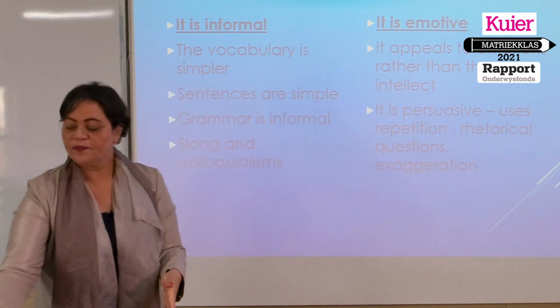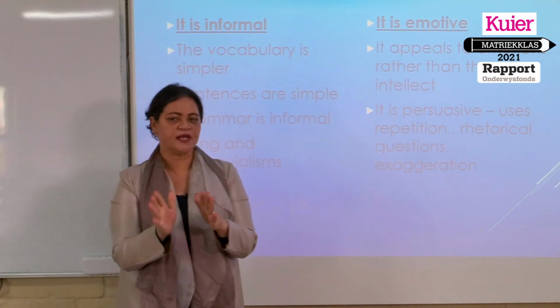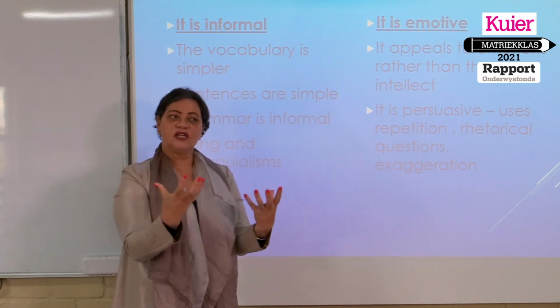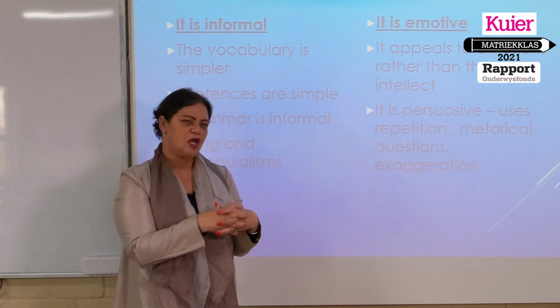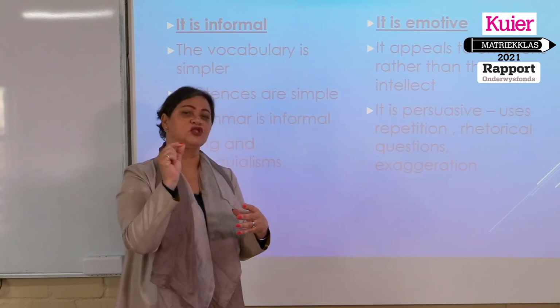Right. Also, I said it's emotive. So it appeals to emotions rather than the intellect. Okay? What does that mean? They don't want you to think too much. They're not saying, you will now have an IQ of 160. No, that's not what they're going to say. They are going to appeal to your emotion. They are going to say to you, if you take Biostrath, you have the opportunity to do very well at school.